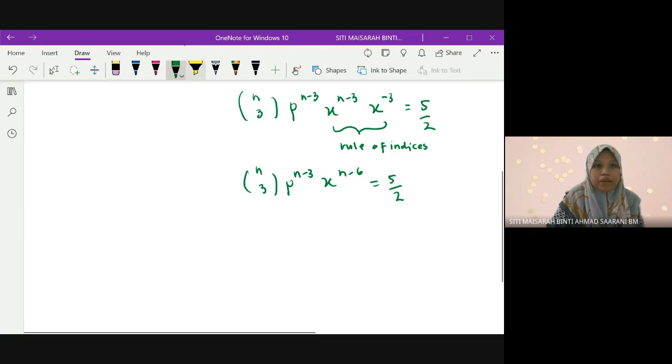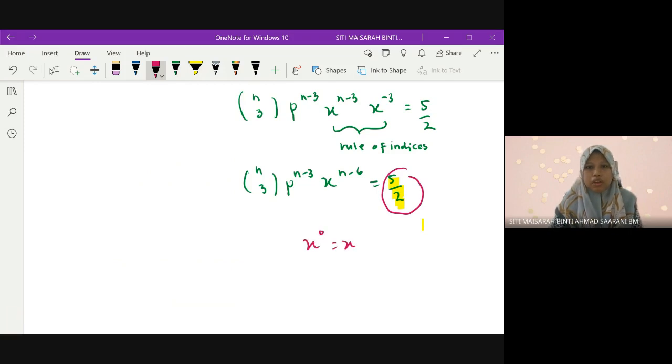On the right side, the term is 5 over 2, which means X is power 0, a term independent of X since there is no X power something. So X power 0 equals X power n minus 6. So n minus 6 equals 0, n equals 6.